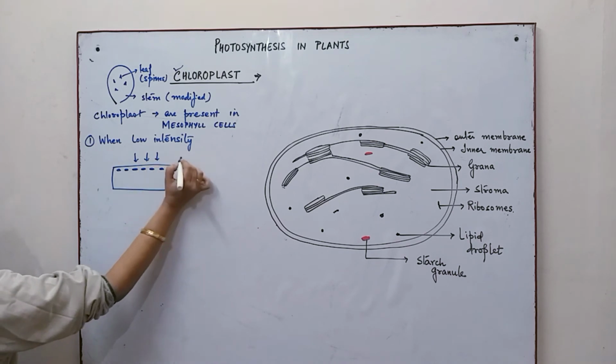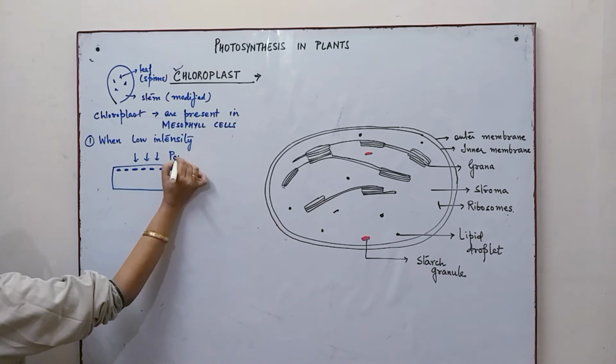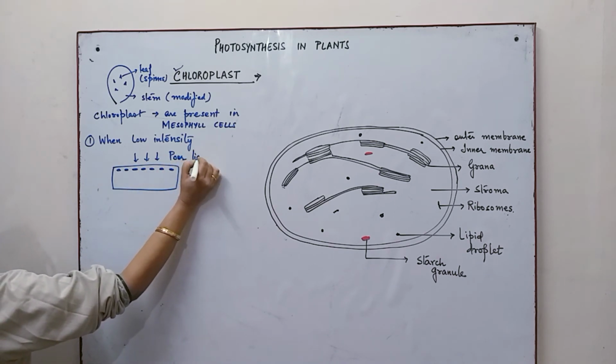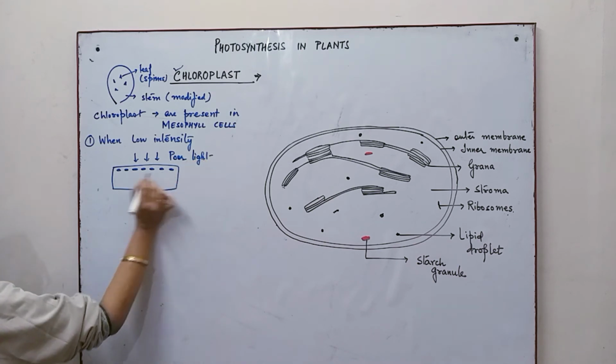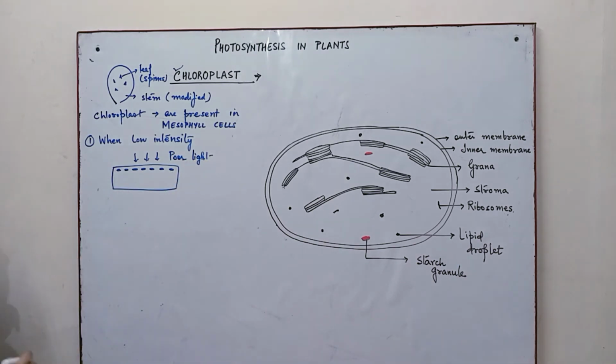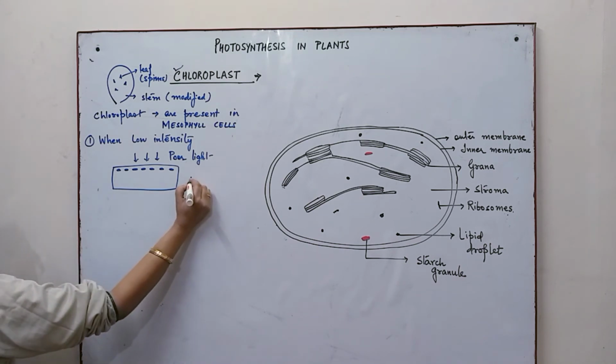So here, when there is poor light or low light intensity, the chloroplasts arrange themselves parallel to the walls of the mesophyll cells, and this situation is known as epistrophy.